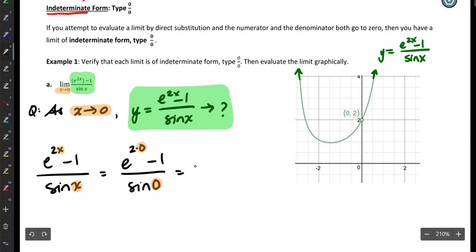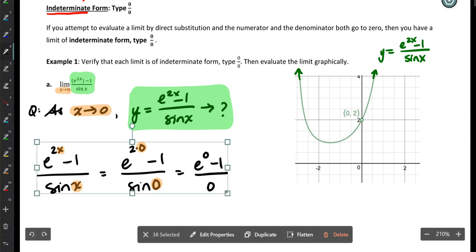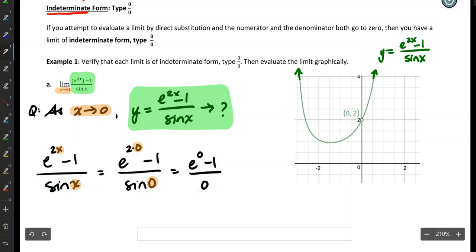So we get e to the 0 minus 1 all over sine of 0, which is 0, and e to the 0 is 1, so we have 1 minus 1 in the numerator over 0. We have a 0 over 0 indeterminate form. We don't know anything here.